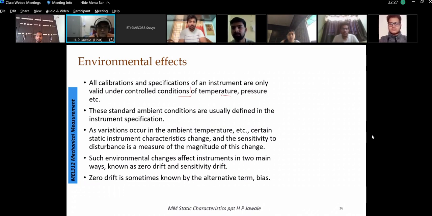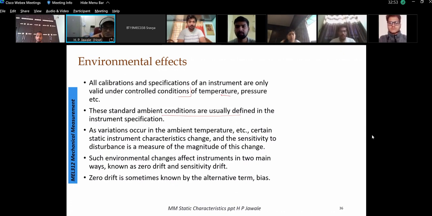Right. So there is change in the temperature of the ideal element and the actual place where measurement is taken. The standard ambient conditions are usually defined in the specification. For example, typical instrument specification and measurement system specification, if we read from the manufacturer's catalog, they require that the measurement is taken in controlled ambient conditions. Say there is no air velocity, there is proper humidity maintained, temperature maintained, pressure maintained, and so on.